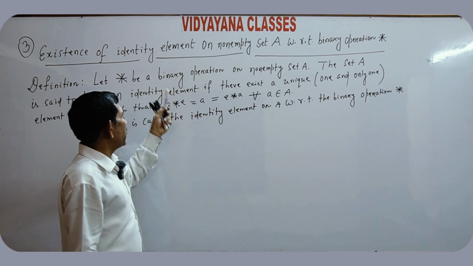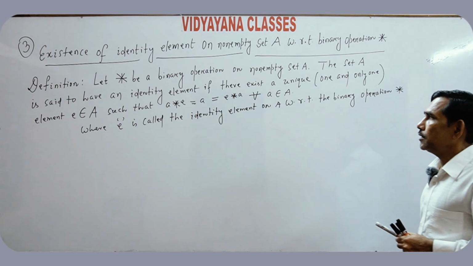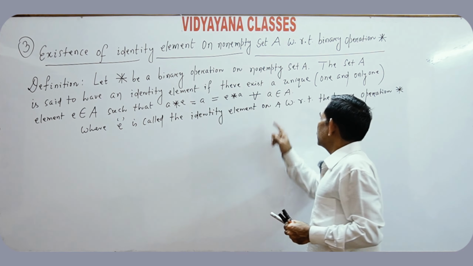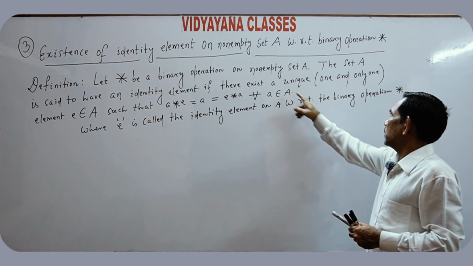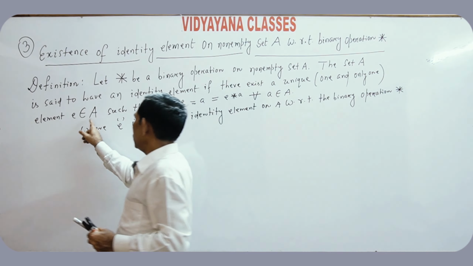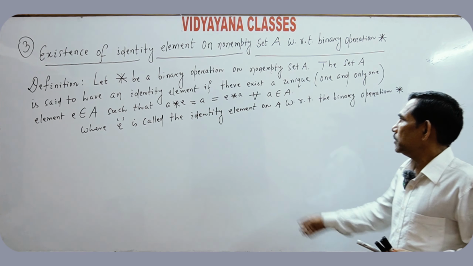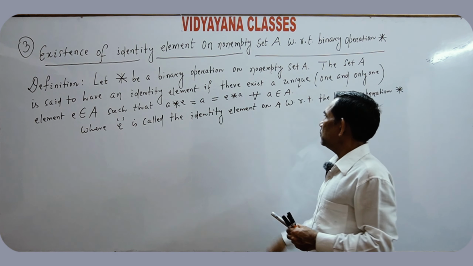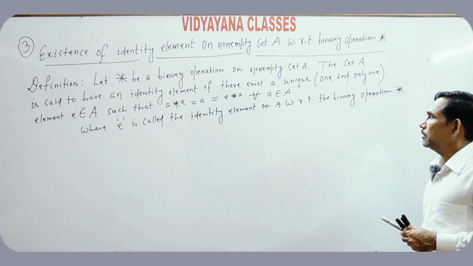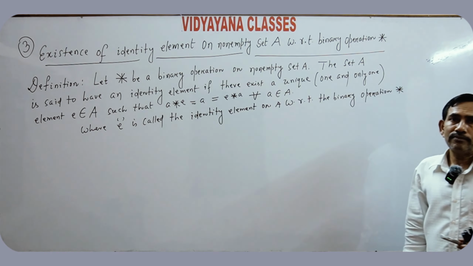Let star be a binary operation on non-empty set capital A. The set A is said to have an identity element if there exists a unique, meaning one and only one, element E belongs to A, so that A star E is equal to E star A, which is equal to A, for all A belongs to A. E is equal to the identity element on A with respect to the binary operation star.